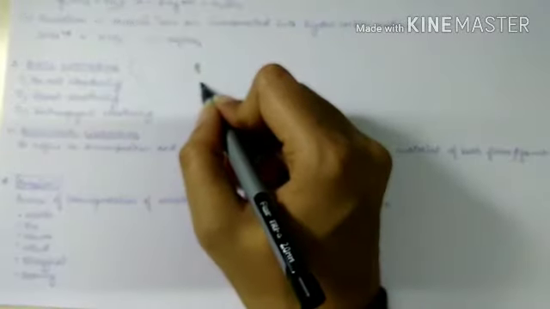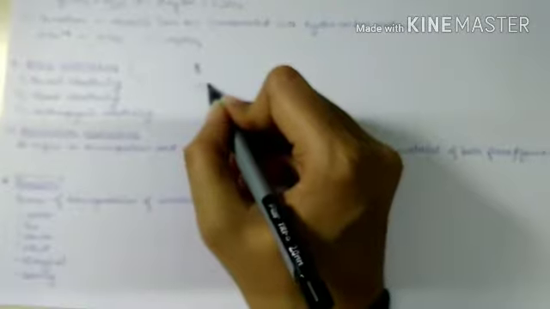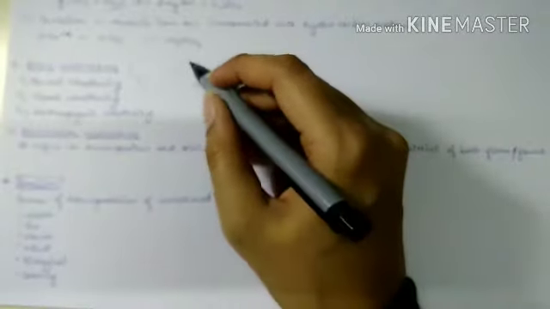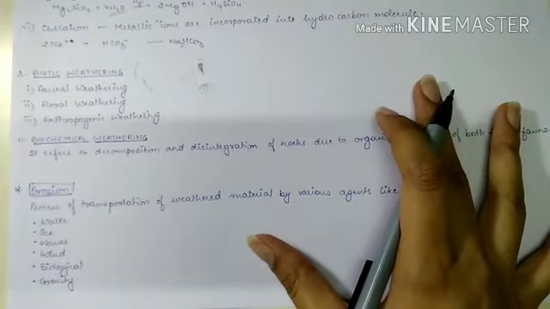Next is fibrous root, like banyan tree, etc. These roots disintegrate the rock as they develop cracks to penetrate inside.